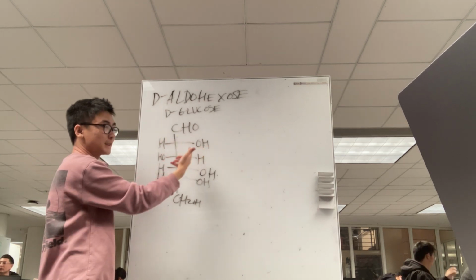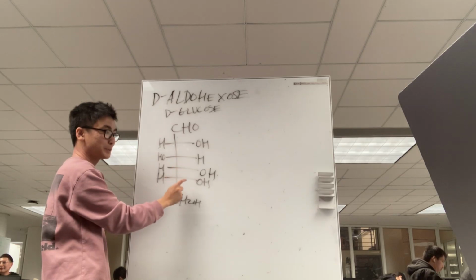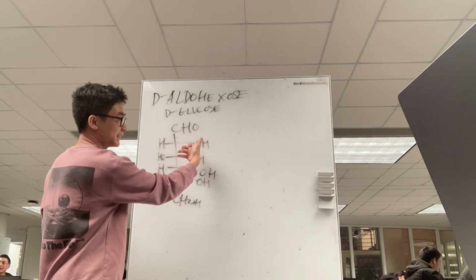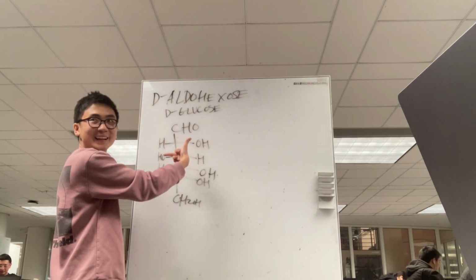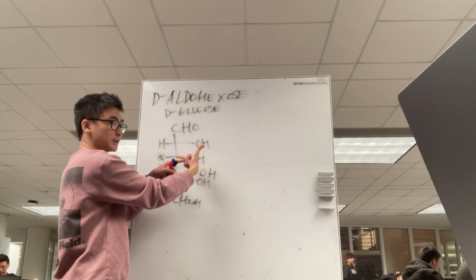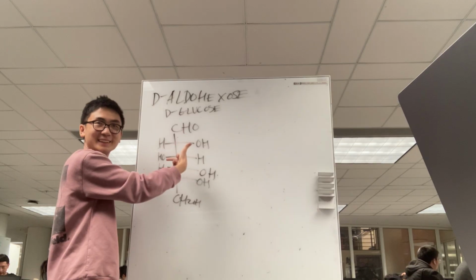Where the alcohol points is where your finger points. So the alcohol on the index finger goes to the right side, then left, then right, like that. This is how you can remember D-glucose, using your right hand.